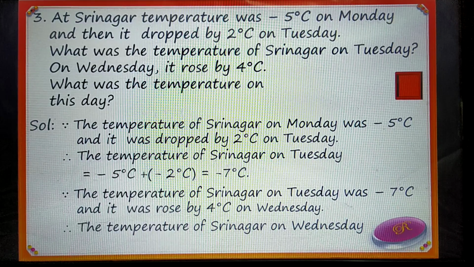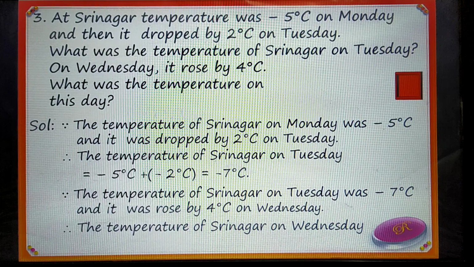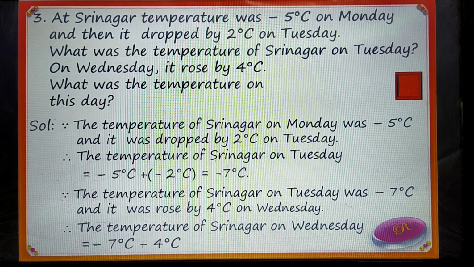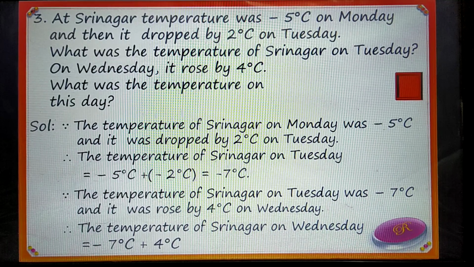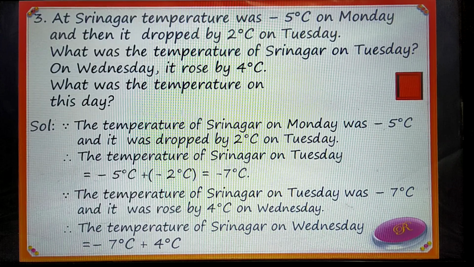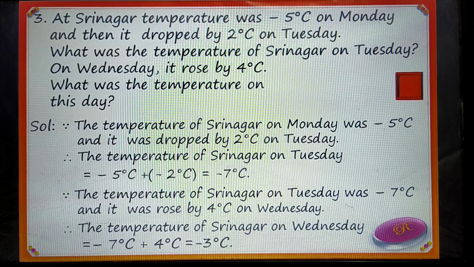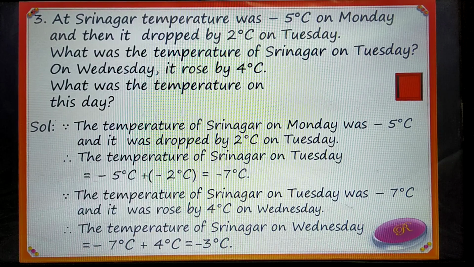Therefore, the temperature of Srinagar on Wednesday is equal to minus 7 degrees Celsius plus 4 degrees Celsius, which is equal to minus 3 degrees Celsius.